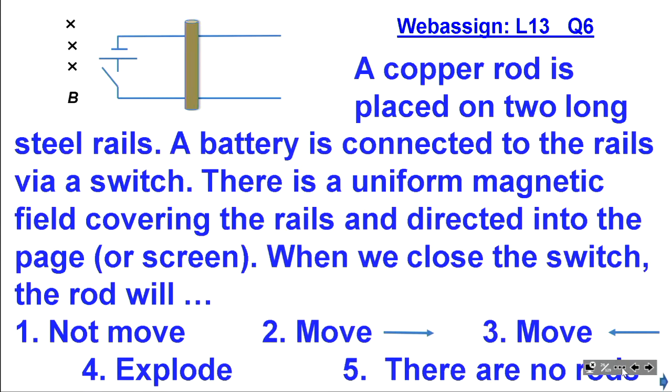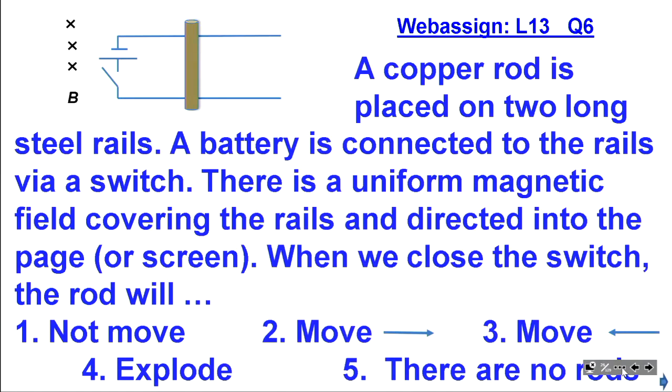There's a magnetic field. So as soon as electric current travels through this rod, a force should start moving it in a certain direction. The only problem is, physics is easy. Making it work is hard. So we have to make a good connection. So we have to clean it up.